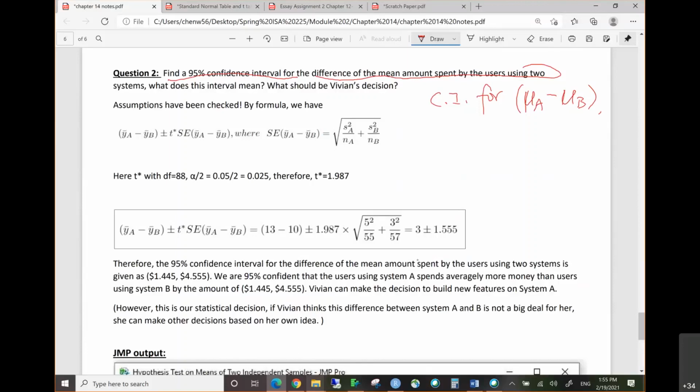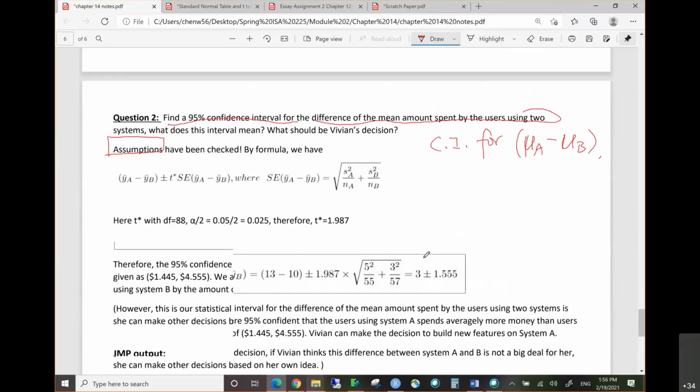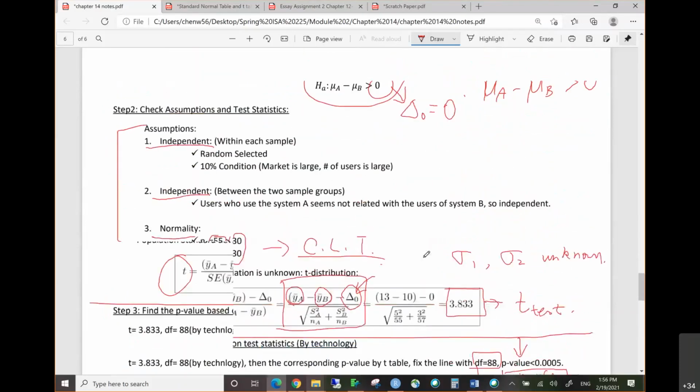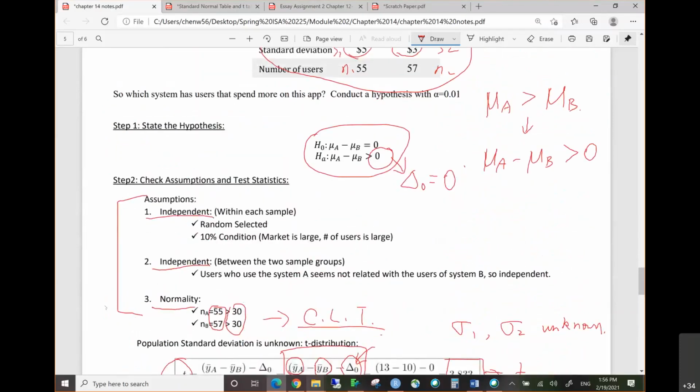Right? Okay, so to find the confidence interval, remember the first step is always to check the assumptions. But since in the hypothesis test we are dealing with the same situation, the same background, then we can skip this part because we have already checked the assumptions. Right?